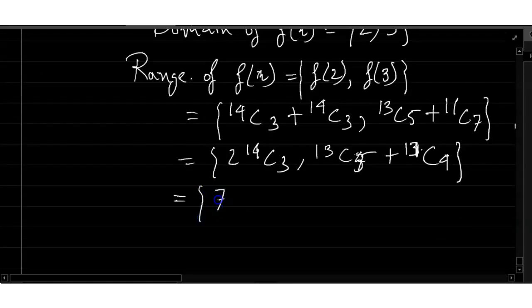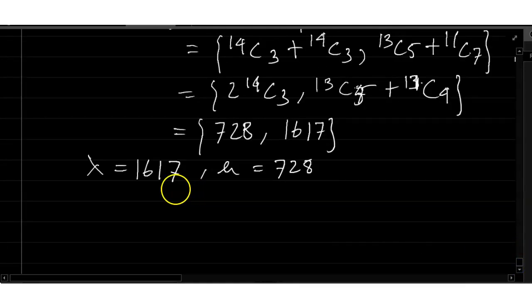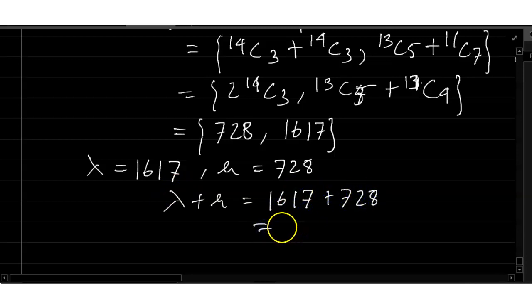Its value is 728, comma, 1617. So lambda equals 1617 and mu is equal to 728. So lambda plus mu is 1617 plus 728, which equals 2345.